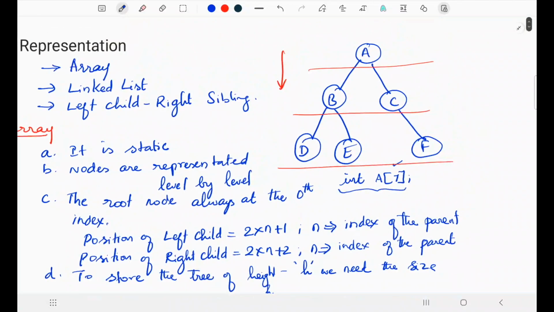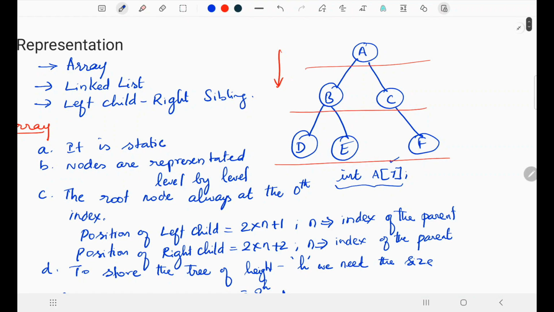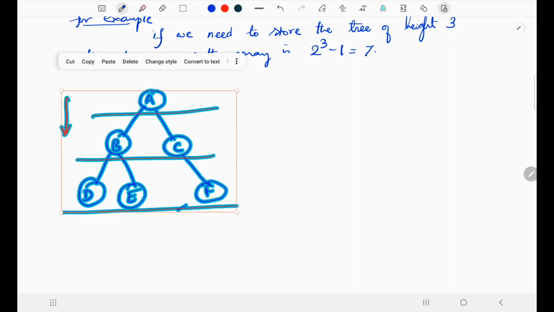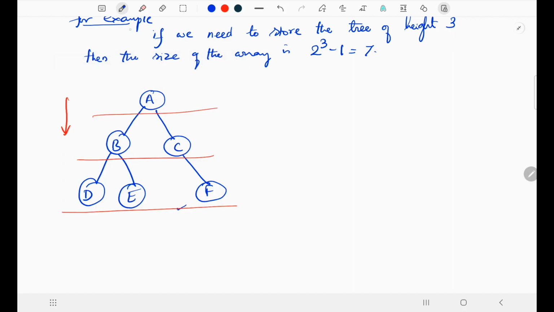I can take this small example. So let me copy this one, and paste it here. Okay, now array representation.